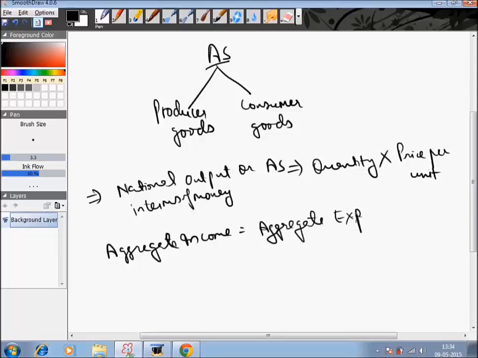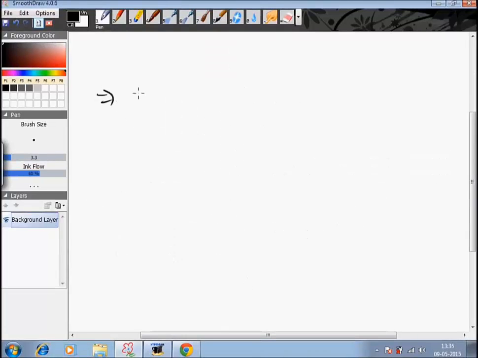It means whatever I am earning, I am spending on various goods and services. So this is the assumption made, and according to this assumption, the aggregate supply curve which we get is a 45-degree line. I'll show you how. Let's draw a graph to show this.